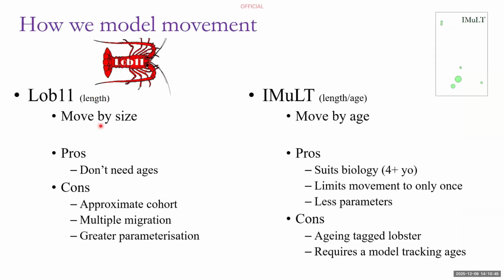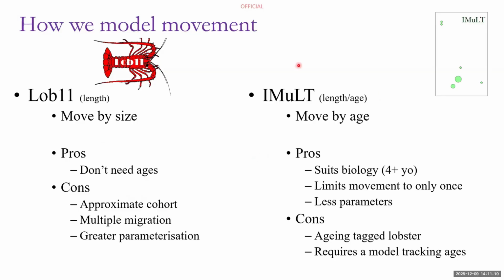It's a simple way to do it. You approximate the age cohort by doing this, but the problem is it results in multiple animals being able to migrate multiple times. If they're at the smaller size of that size cohort, when you move them, they can then go the next year, and it requires a few more parameters.